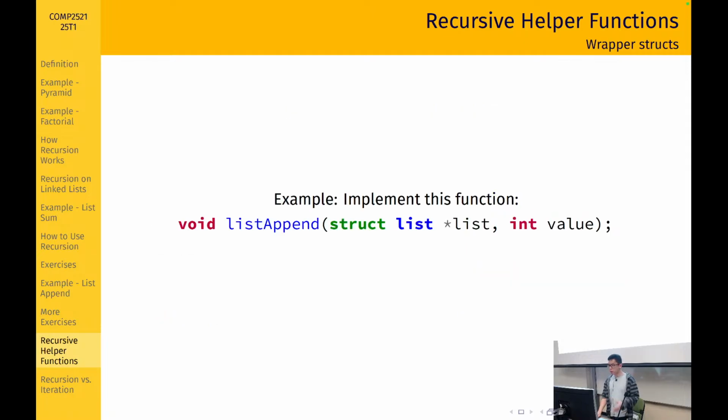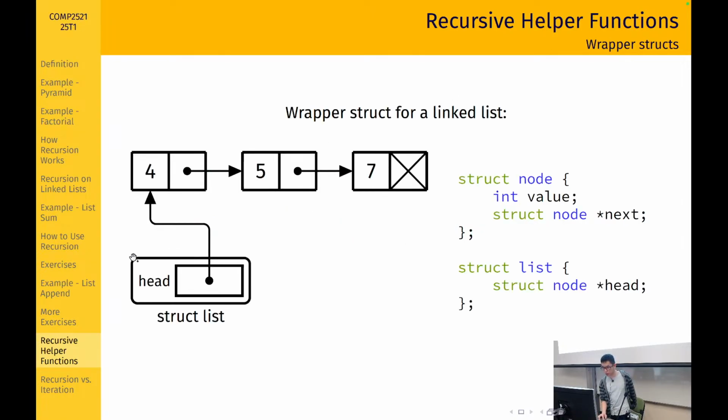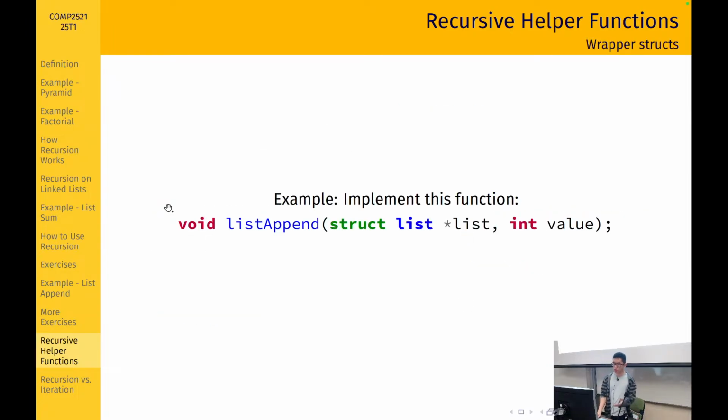But in this case, if we do have a wrapper struct, and we're asked to implement this function where we take in a pointer to this wrapper struct instead of a node, then, well, we can't use recursion using this function, right? Because what do we recurse on? When we recurse, what do we pass in to the function?